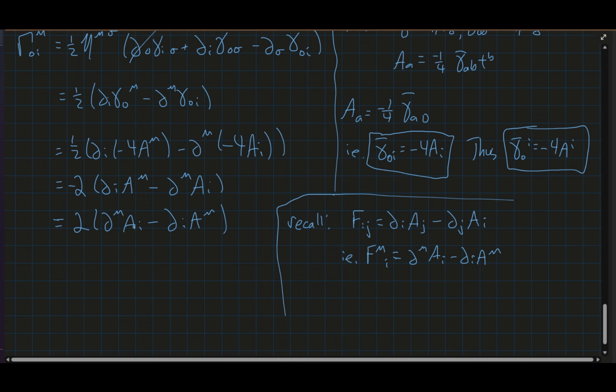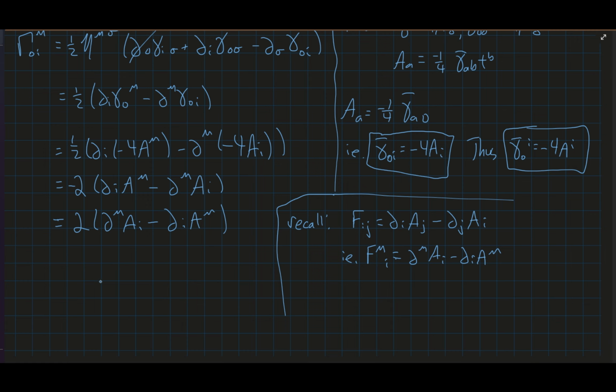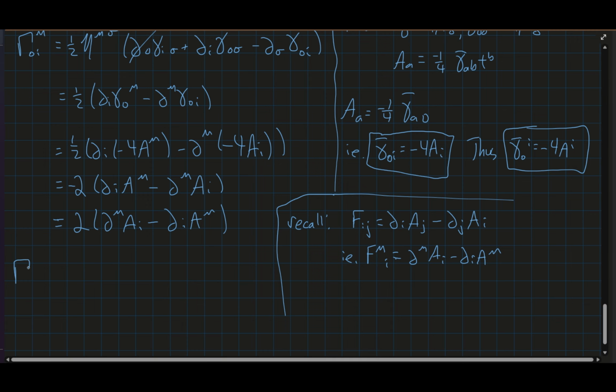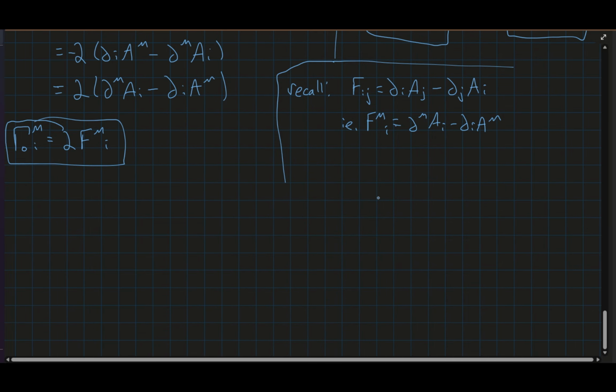So with this, we can see the pattern over here and simply say that gamma_mu 0 I is 2 F_mu I. Okay, so this is getting relatively close to the end of the problem now.